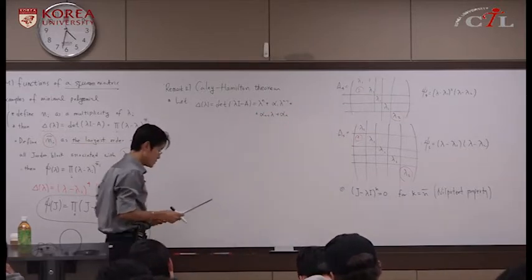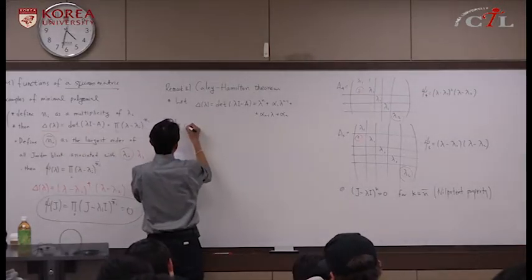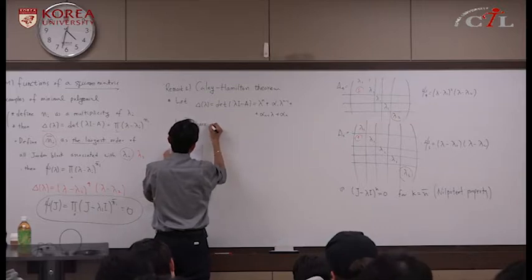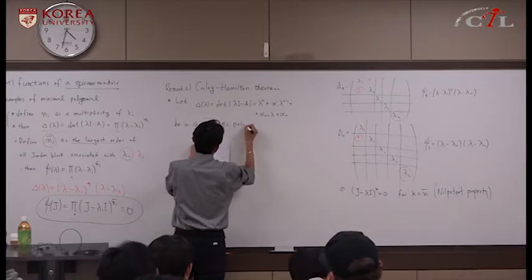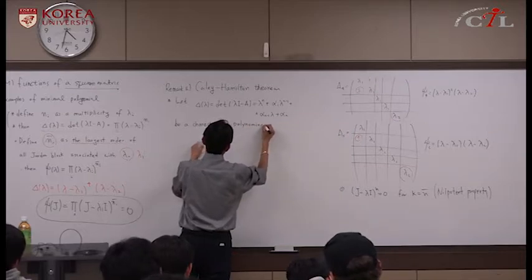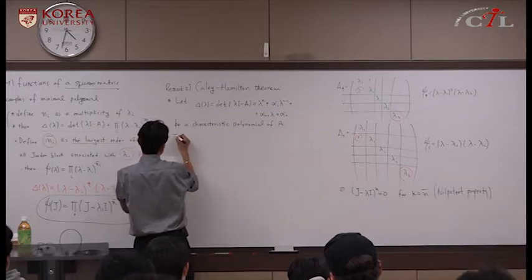Let's say the characteristic polynomial of A is this.